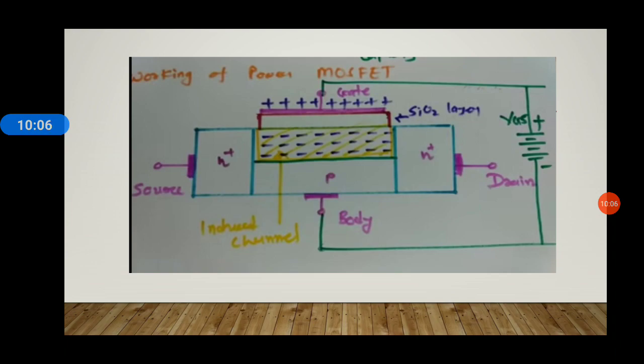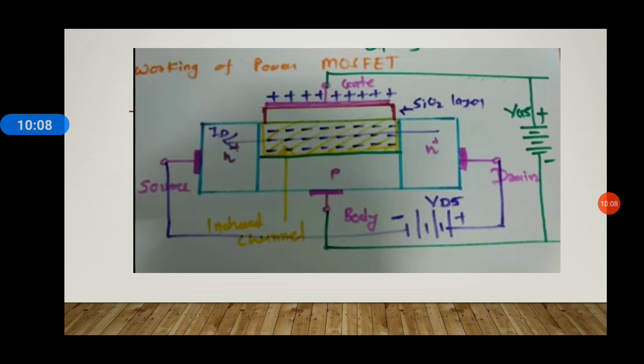Now, when we provide a VDS voltage across the source and the drain, that is, we connect the drain and the source with a battery with a positive terminal connected to drain and a negative terminal connected to source, what will happen?